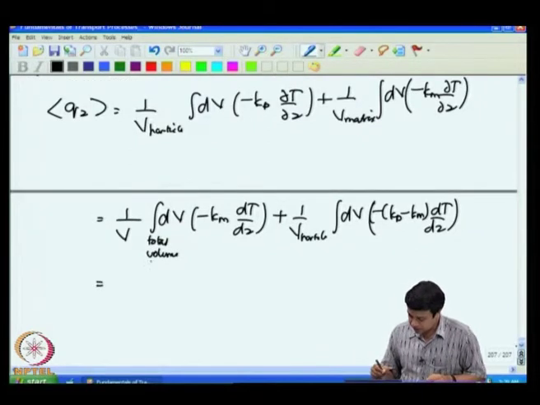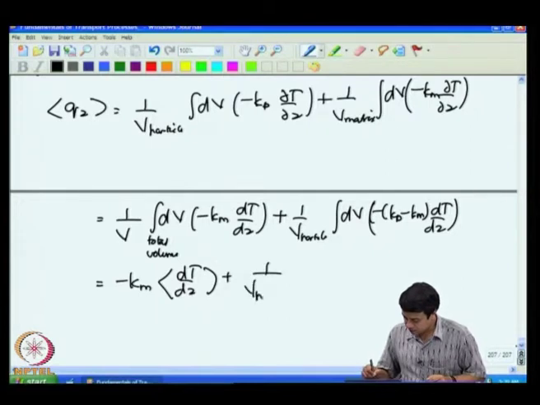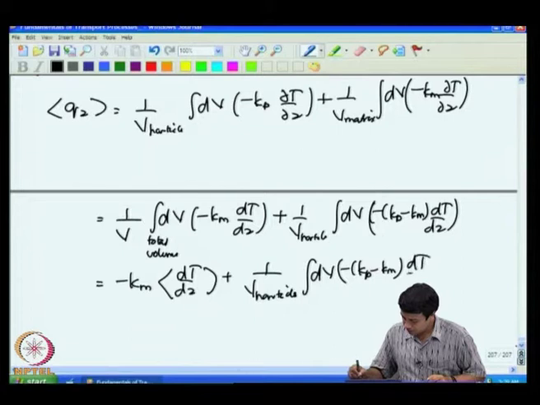So, I can write this integral over the entire volume as minus Km into the average of dT by dz, plus 1 over V integral over the particles dV of minus of Kp minus Km dT by dz.